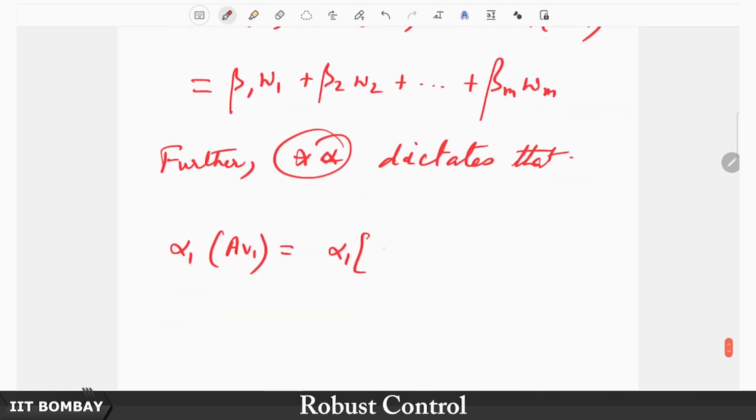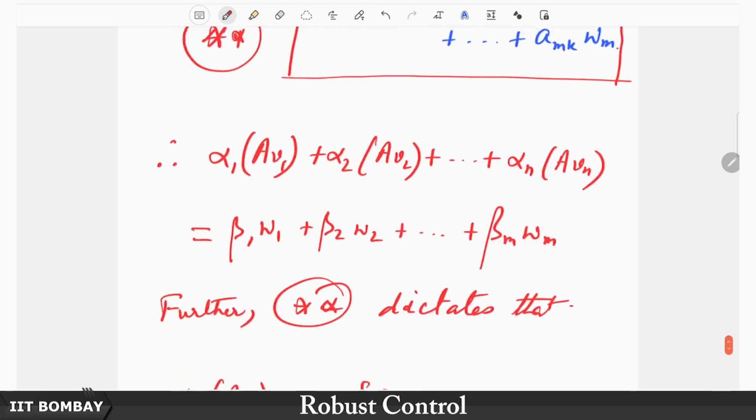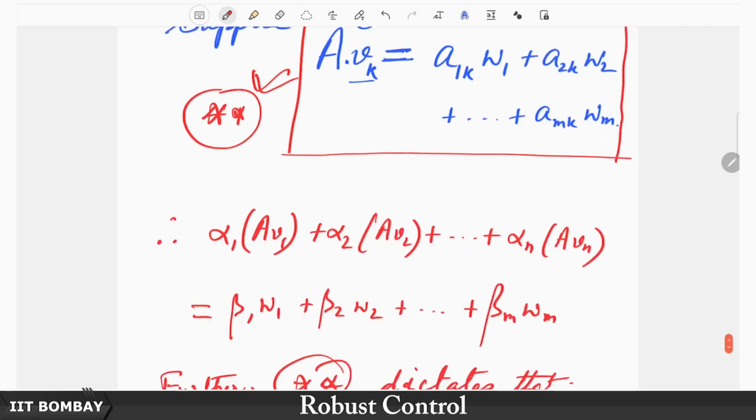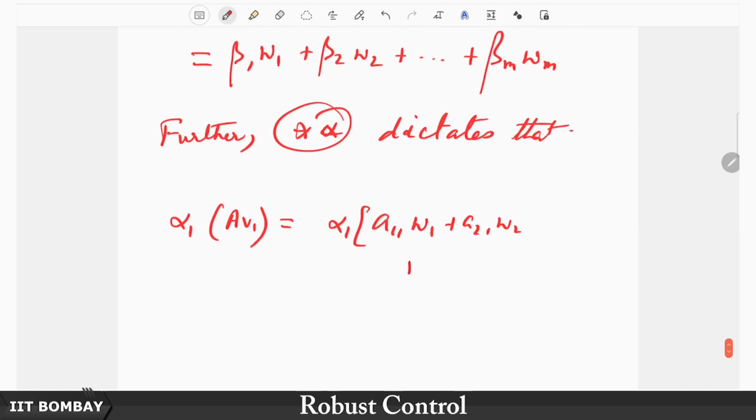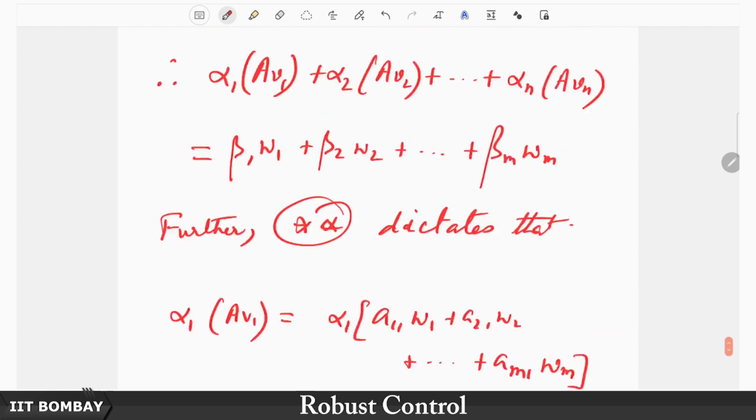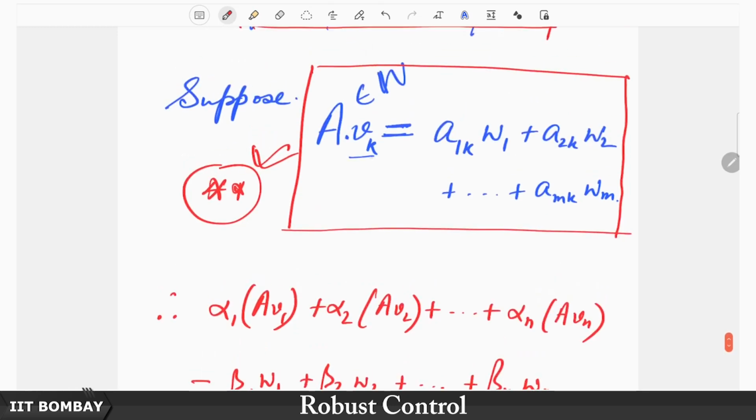So it is going to be A11 W1 plus A21 W2 plus dot dot dot till Am1 Wm, just replacing this k with 1 here.